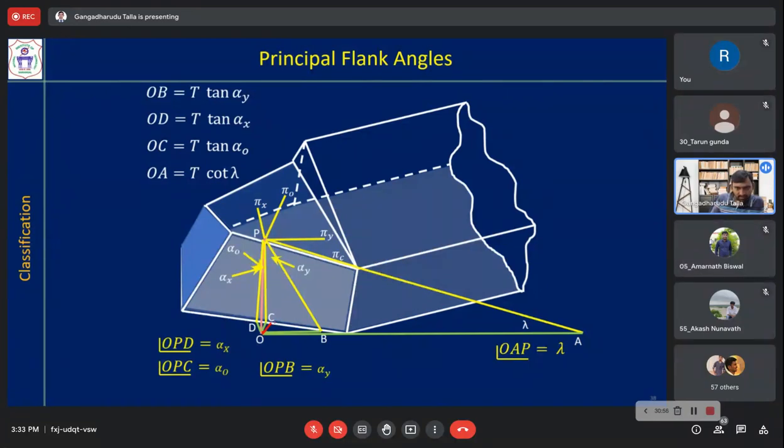So the perpendicular line OM is the smallest. If OM is becoming small, what is happening? The flank surface is coming towards O. Then the clearance angle is becoming minimum. So OM is the smallest, so you will have the minimum clearance there.